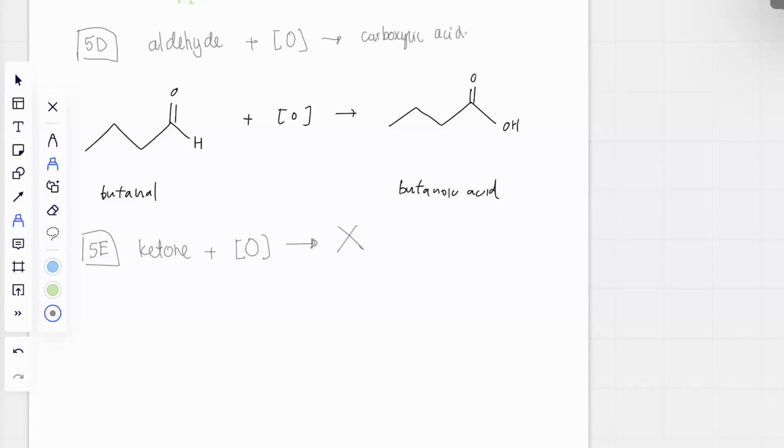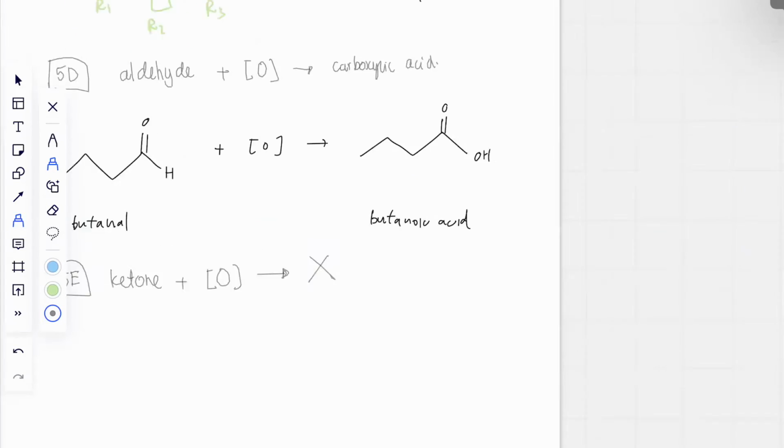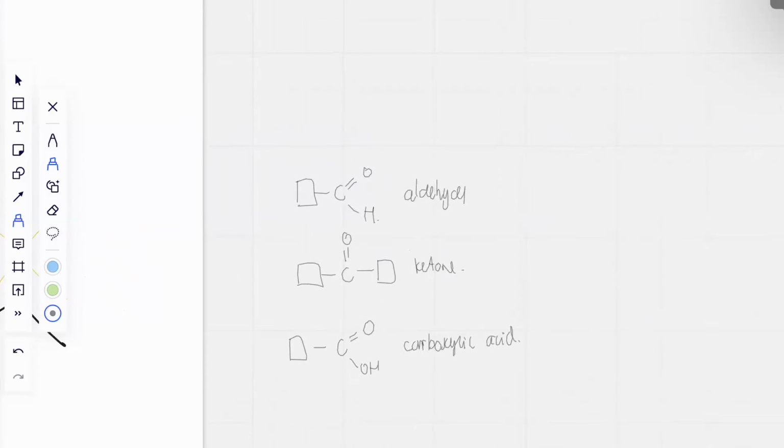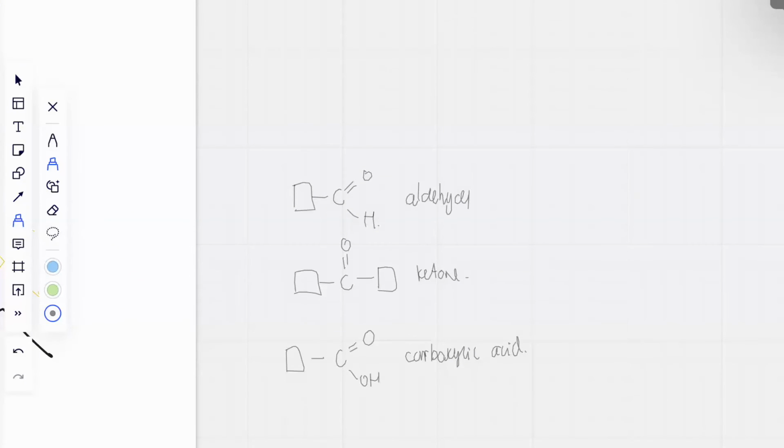Pentanetrione, which means it's a ketone, which looks like this. But the double bond O is on carbon number 3.